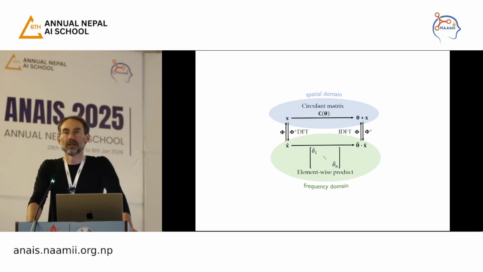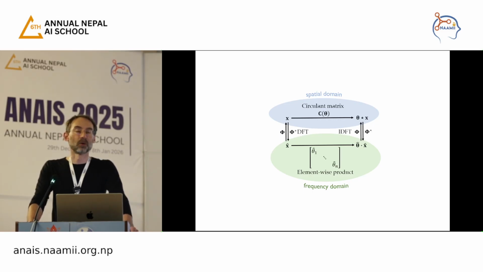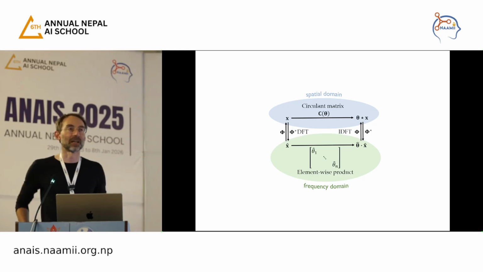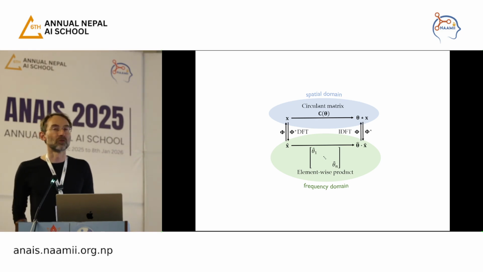So why are we doing it in the frequency domain? First of all, you can interpret it as frequencies, and that's how we think of filters. We can talk about low frequencies and high frequencies, so that's a convenient way of representing signals. In other cases, we don't have the spatial definition of convolution.